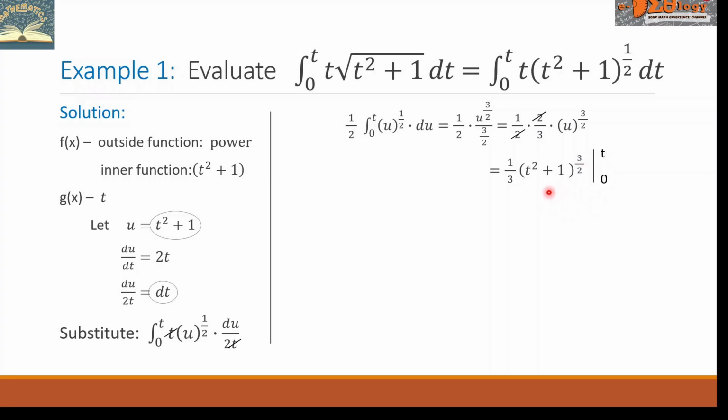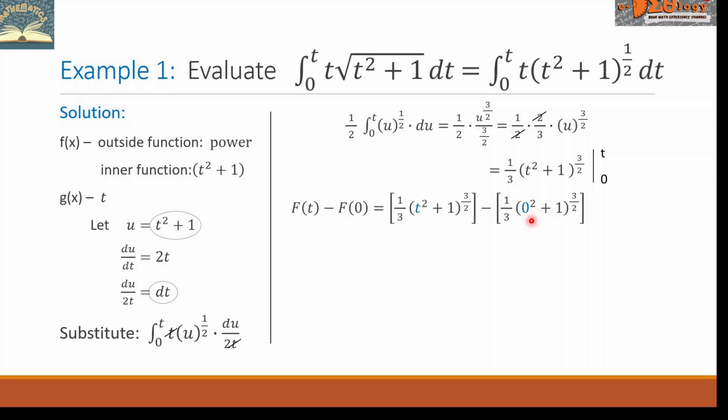From here, we evaluate this from 0 to t. That is our capital F of t minus capital F of 0. In the first group, since our upper limit is t, it is similar now to the function itself. Minus, now we evaluate this function using 0. Here it is. Let us now simplify.